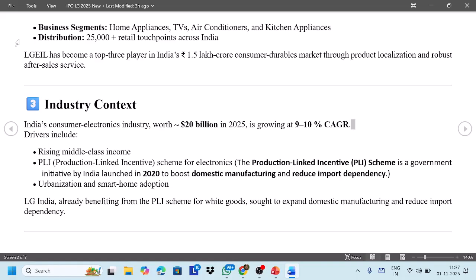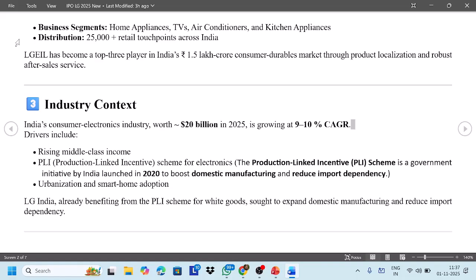Result: Apple now produces iPhones worth over rupees 1 lakh crore annually in India. Exports of smartphones surged from rupees 40,000 crores in 2021 to over rupees 1.5 lakh crores in 2024. India became the second largest mobile manufacturer in the world after China.